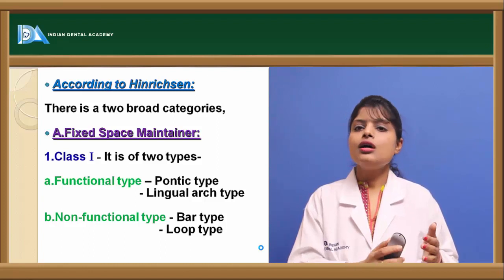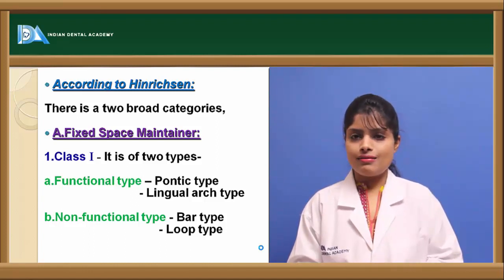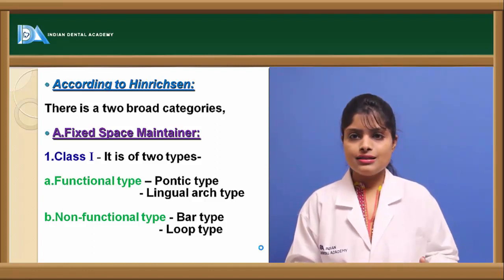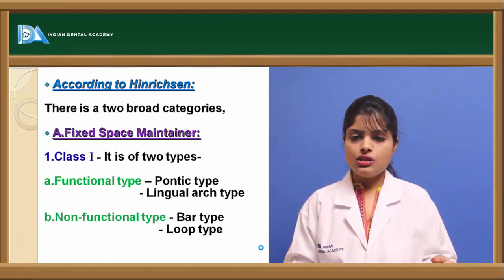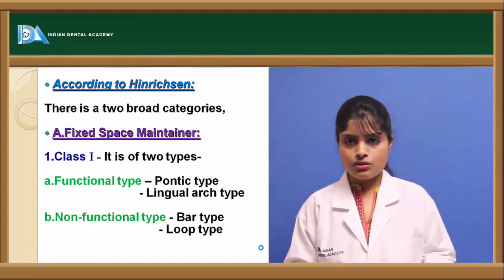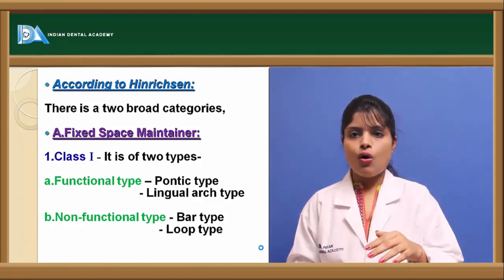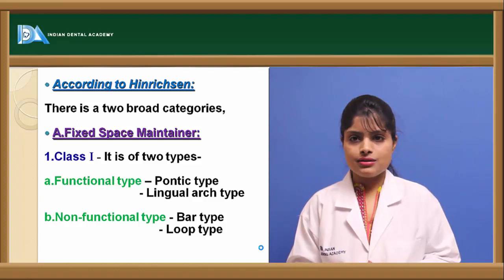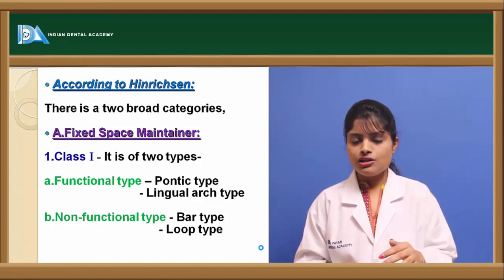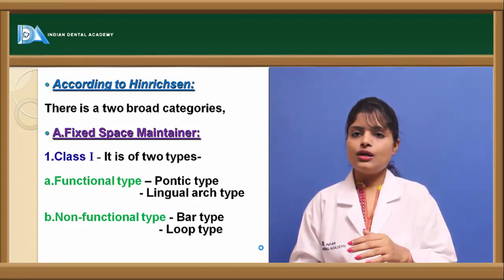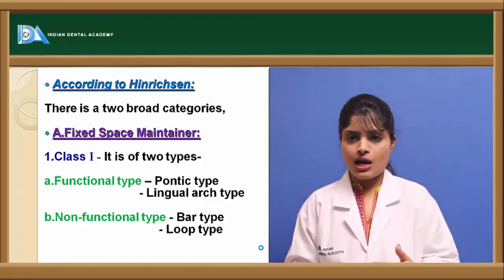The class 1 type of space maintainers can be further categorized into functional and non-functional, in which the functional include pontic or lingual arch type of appliance, and the non-functional include band and loop or the bar and loop type of appliances.